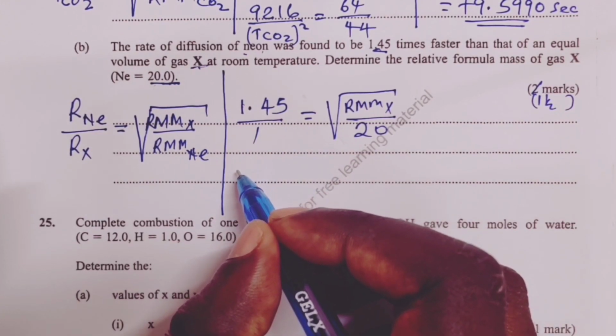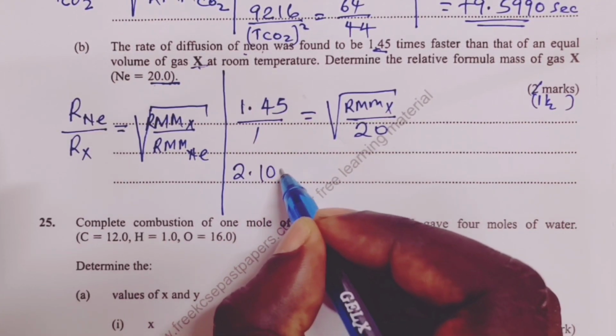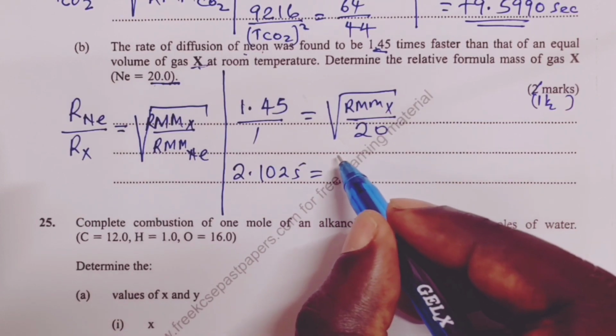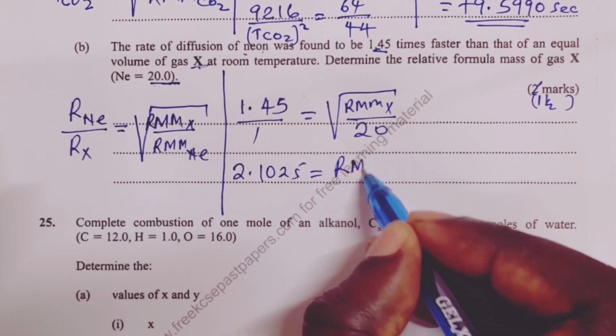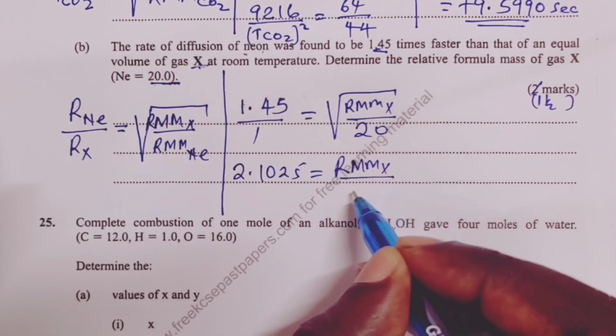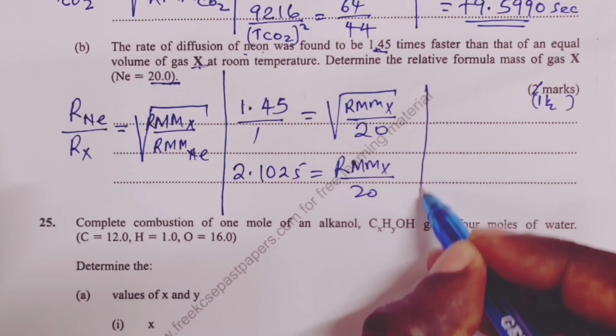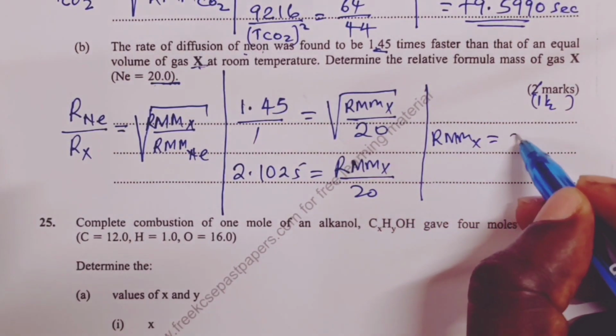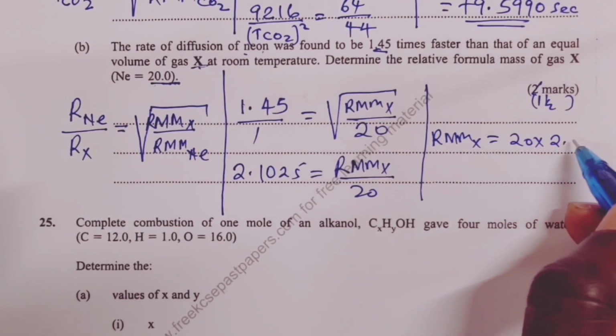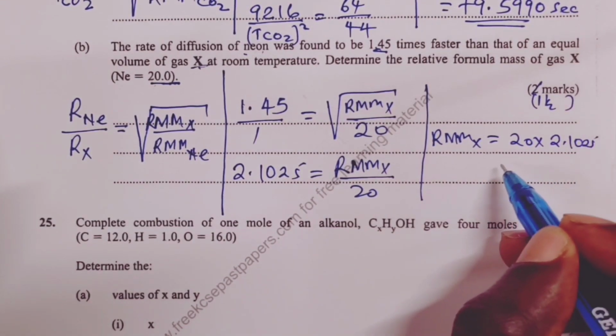1.45 squared gives 2.1025, and on the right we shall have the relative formula mass of X, but let's call it RMM for now, divided by 20. When you work this out, we get RMM of X to be 20 multiplied by 2.1025.